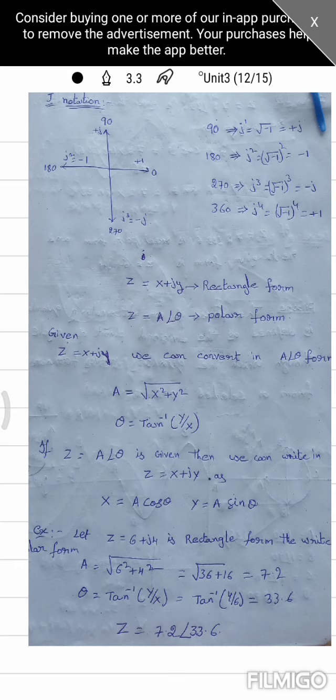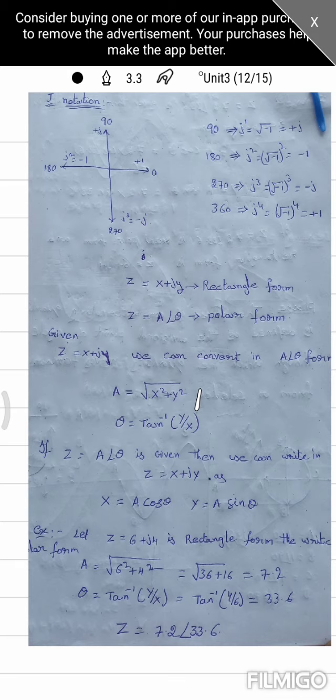That means you are representing the imaginary value by I. But in our electrical circuits, I is already used for indicating current. That's why we are taking the J term for representation of complex numbers. That is the main reason we are replacing I with J.